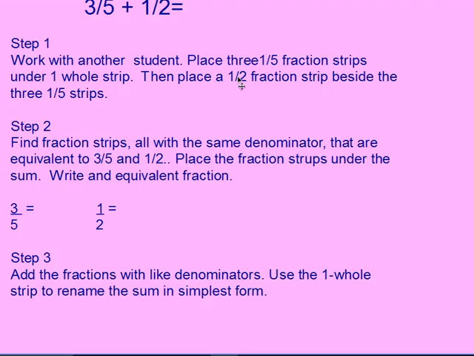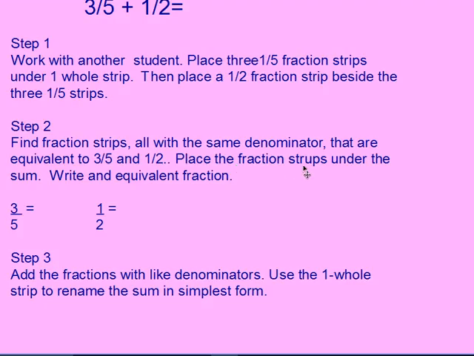Then place a 1/2 strip beside the 3 1/5 strips. Now, if I do that, you will notice, will it be more than a whole or less than a whole? Find the fraction strips, all with the same denominator, that are equivalent to 3/5 and 1/2.